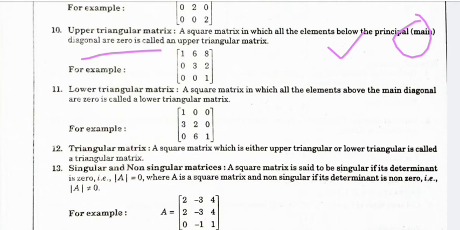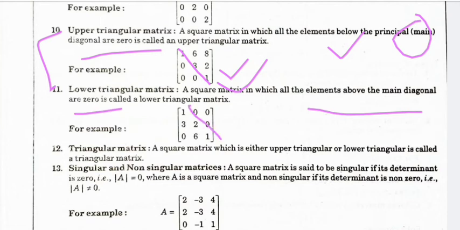For example, here the main diagonal is 1 3 1 and below the main diagonal the elements are 0, so hence it is called the upper triangular matrix. Now come to the lower triangular matrix. It is the inverse of the upper triangular matrix, in which all the elements above the main diagonal are 0.